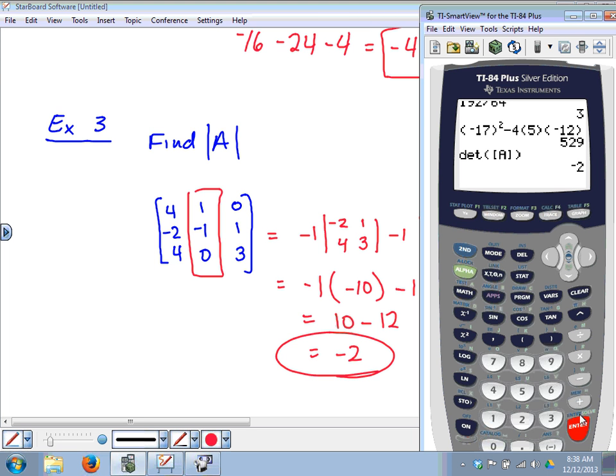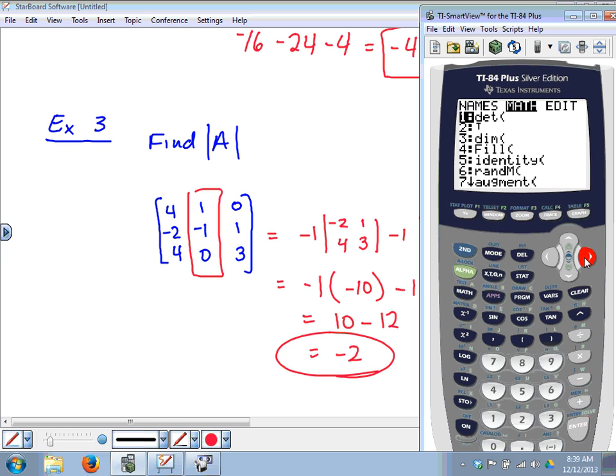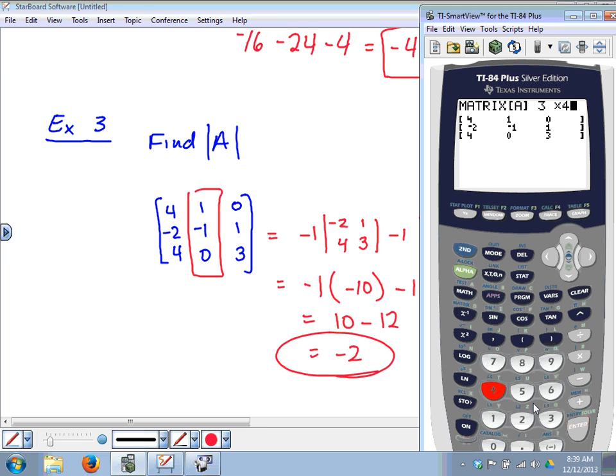So, you know this example we did at the beginning of class right here? You see the one I'm pointing at? Okay, check this out. Go into your matrix menu. Go over to edit. I'm going to call matrix A a 3 by 4 matrix now, and I'm going to type in the entries of that matrix we had there.